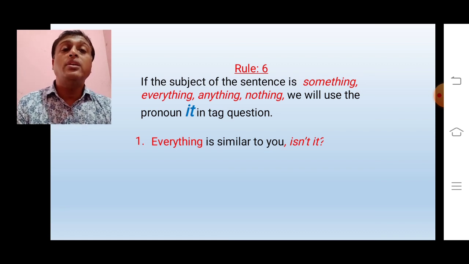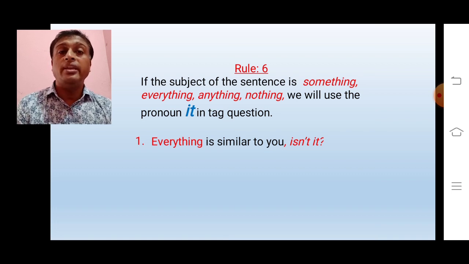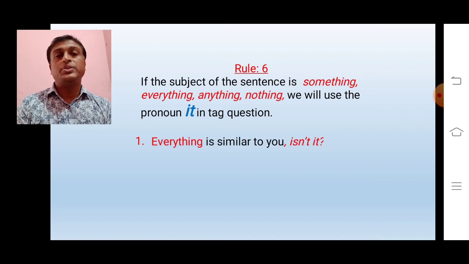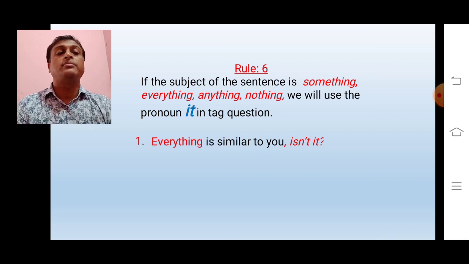Everything is similar to you. Here subject is everything. So we will write it as a pronoun form of everything. So the answer is isn't it. We have written here not because this statement is a positive statement.